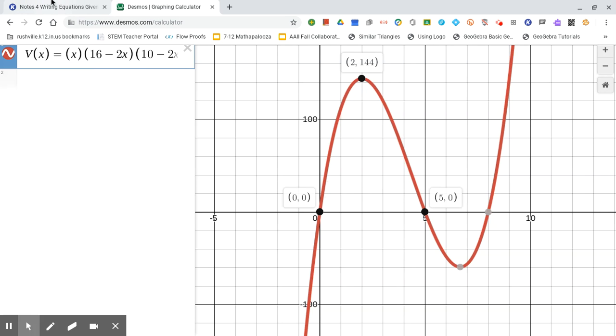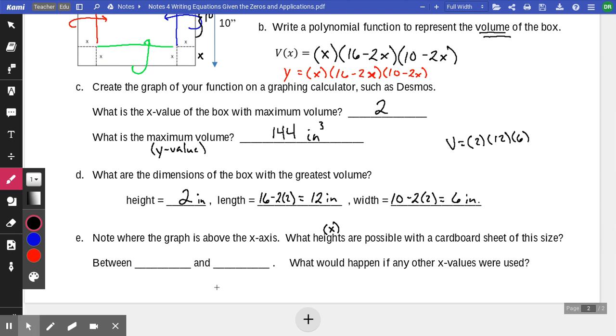So let's go back here. And we know that they have to be between 0 and 5. And those are coming from x-intercept values.